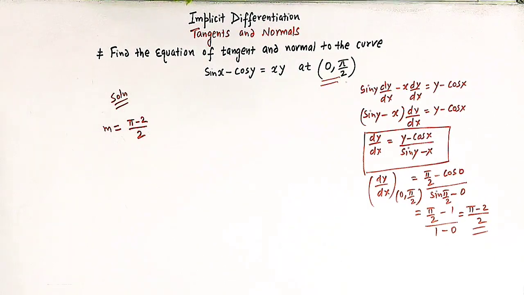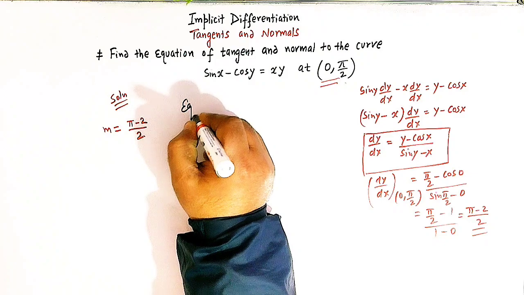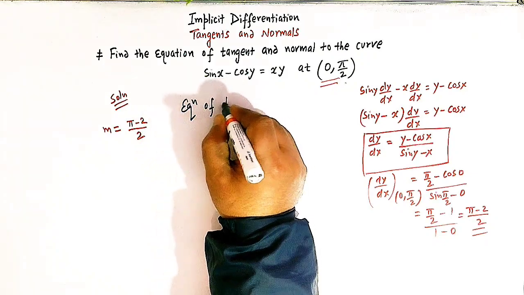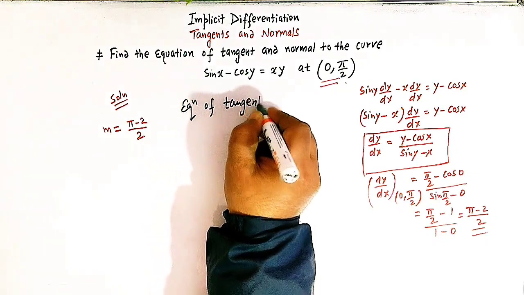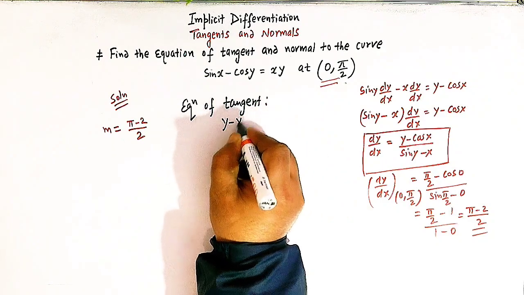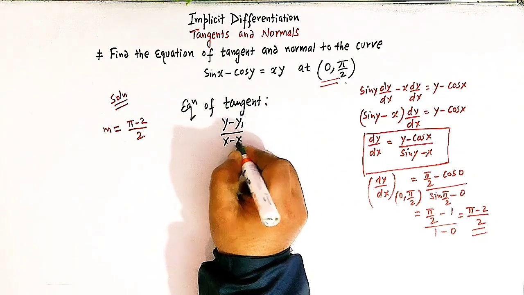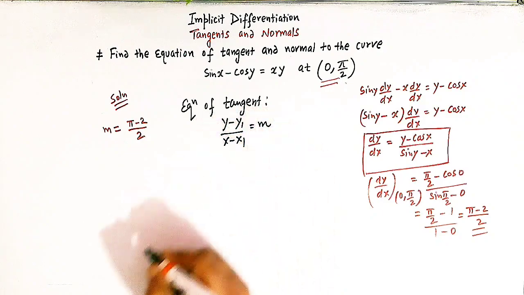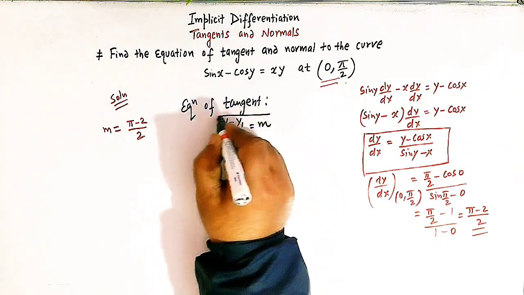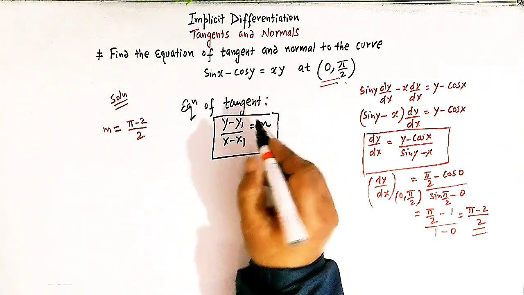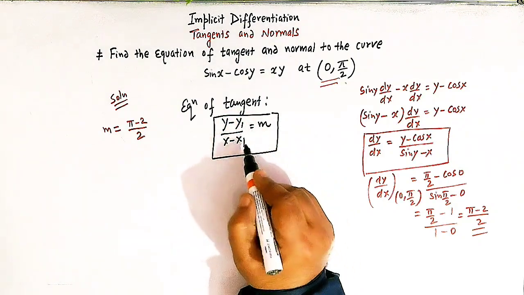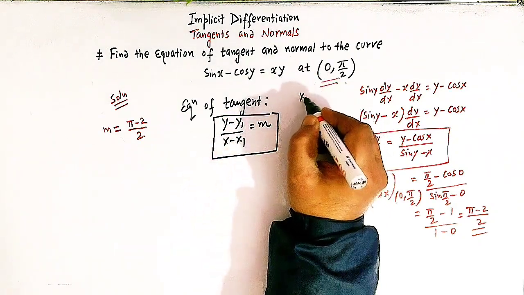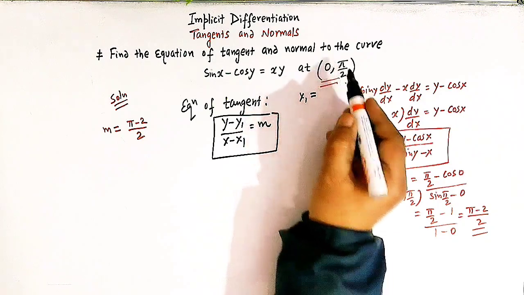Now let us find out the equation of tangent and normal. So now the equation of tangent is given by y minus y1 over x minus x1 is equal to m, right? So this is the standard form of the equation of tangent, and here x1, y1 is given by 0 comma pi by 2.